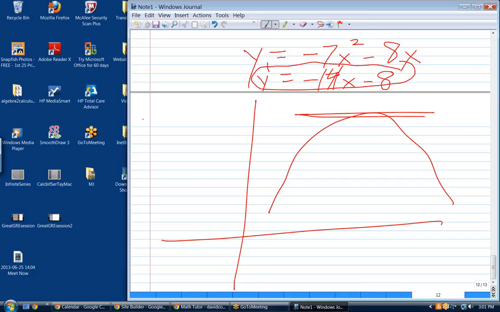So, in other words, minus 14x minus 8, I'm going to let equal 0. And that's going to tell me what value of x in the original function is the slope of the tangent line 0. Well, if I solve this, I get negative 4/7.